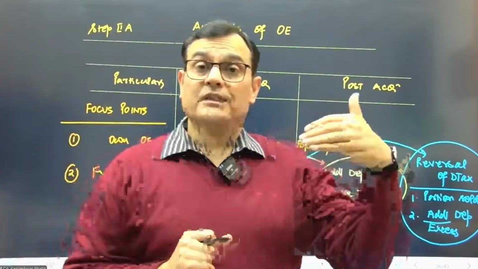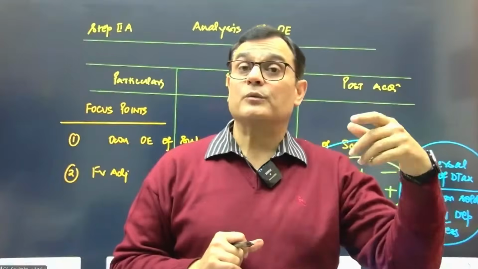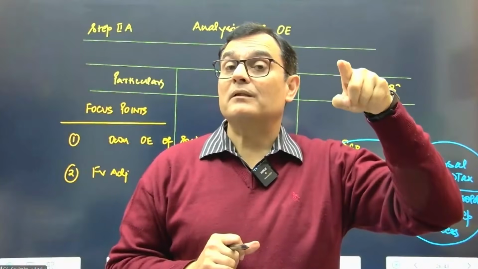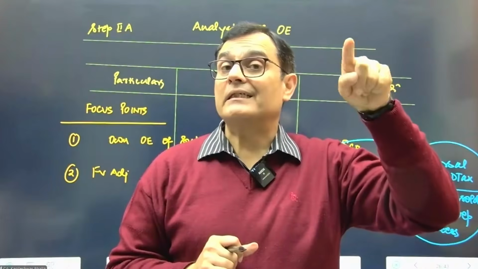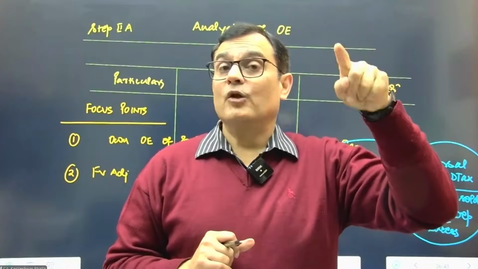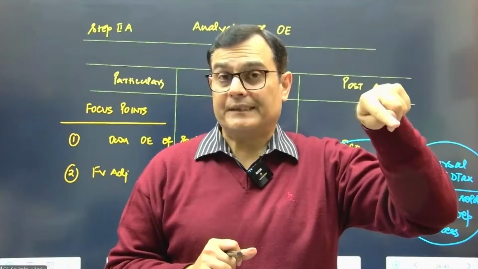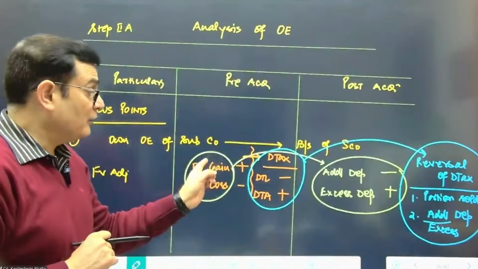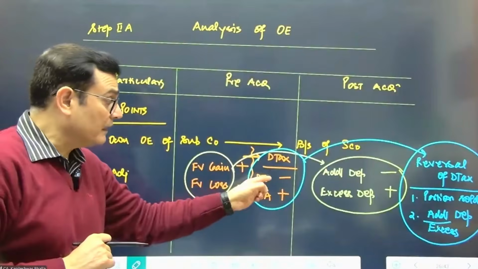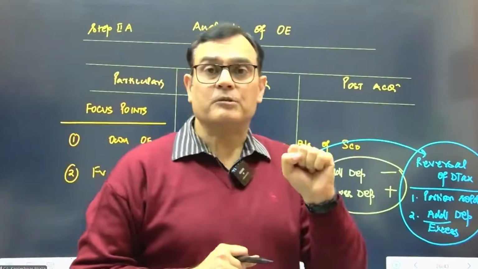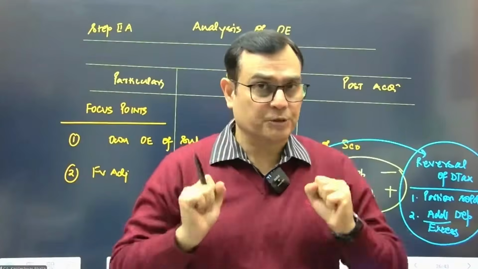And if this leads to a deferred tax consequence, the fair value gain itself is going to be a taxable temporary difference resulting in a DTL. The fair value loss itself is a deductible temporary difference resulting in a DTA. So the fair value gain amount will result in a DTL, the fair value loss amount will result in a DTA, and that's going to be a minus or plus. That is all in the pre-acquisition.